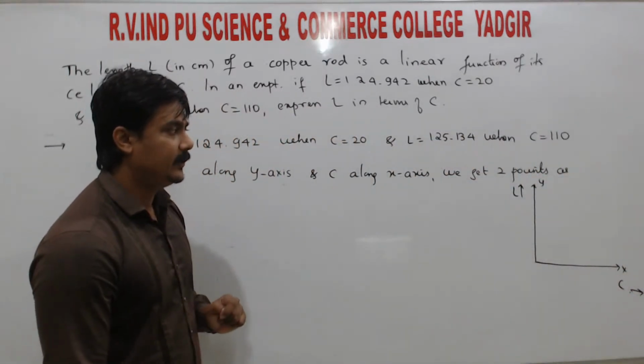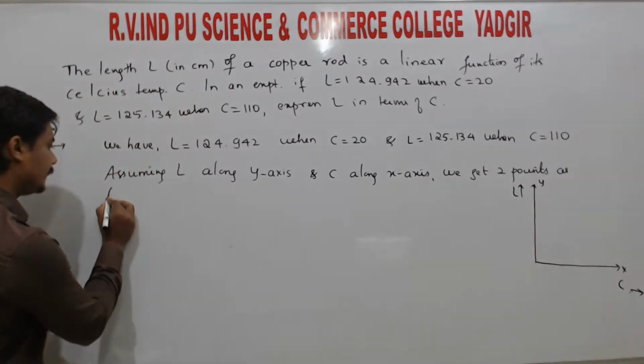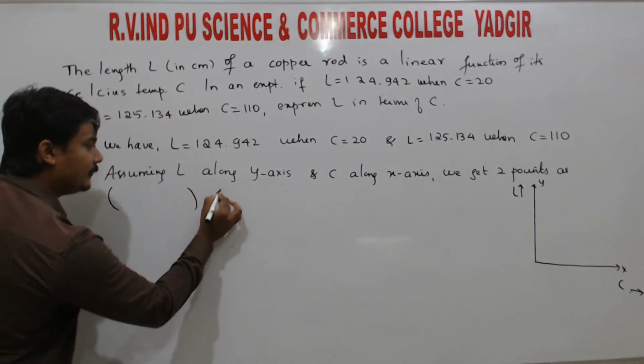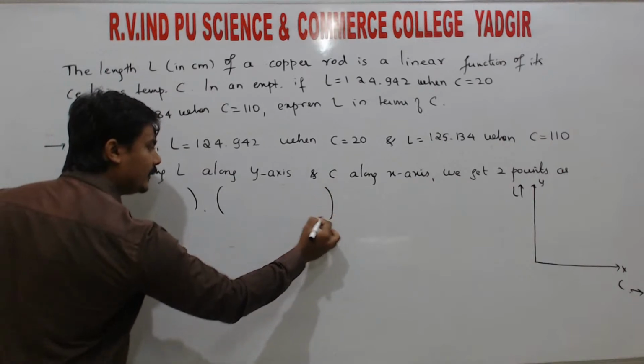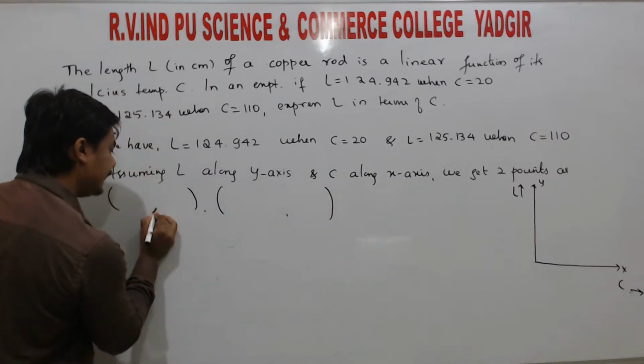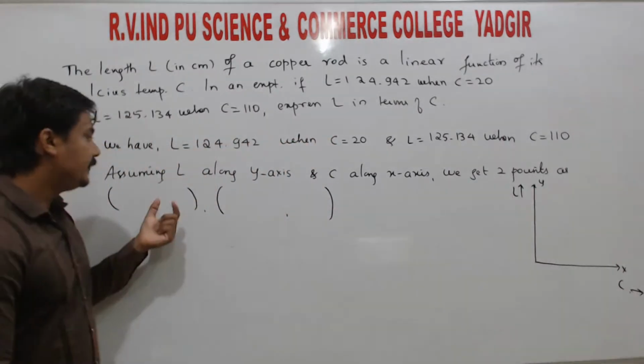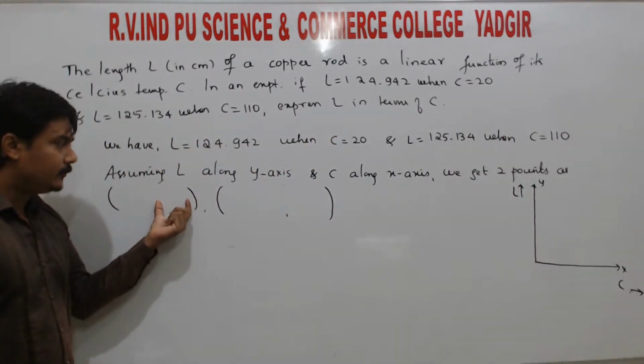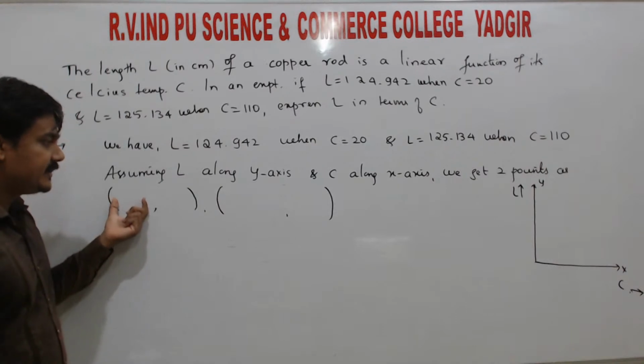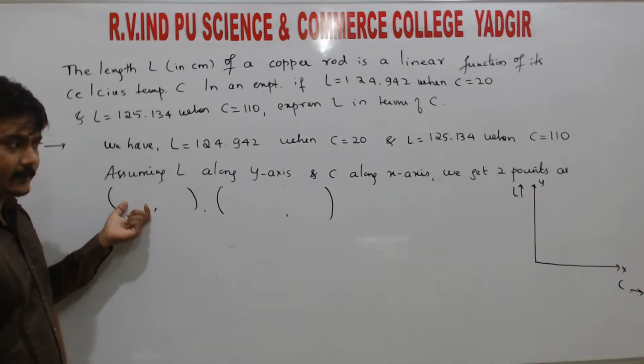So I get 2 points. Every point will have two coordinates. One is the x coordinate and another one is the y coordinate. Along the y-axis I have taken length. So length information is represented by the y coordinate and Celsius temperature information is represented as the x coordinate.